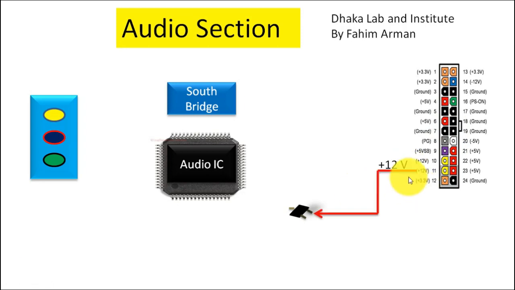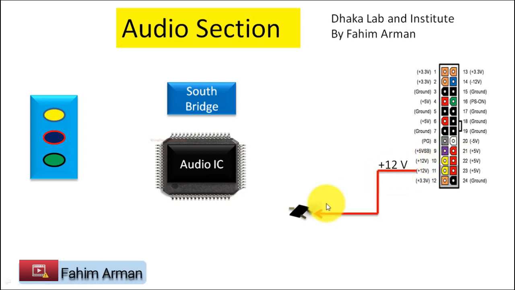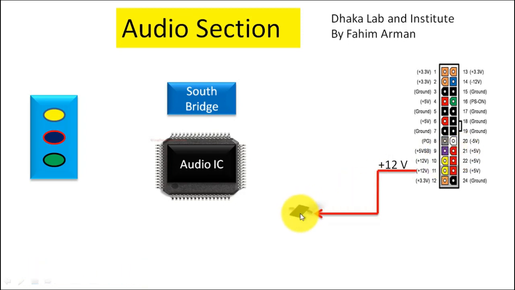In the audio section, first there will be plus 12 volt from the ATX connector to this regulator, and this plus 12 volt will be converted to 5 volt, and then it will enter the audio IC.